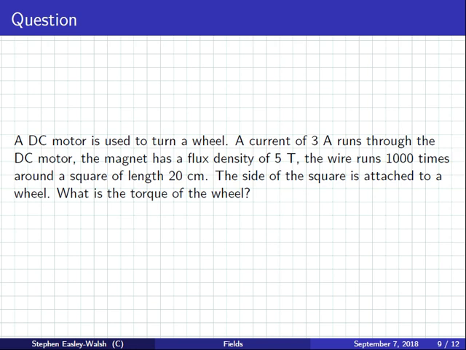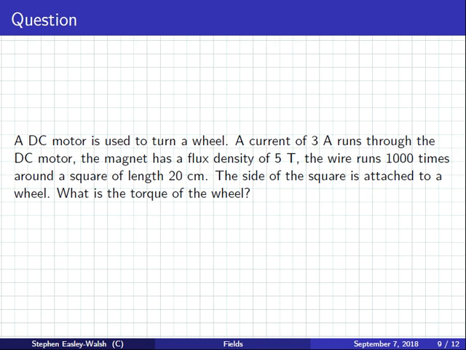Oh, I missed this class. Torque, turning force, moment. We did these words in this lesson. Torque, turning force, moment. It's all the same.